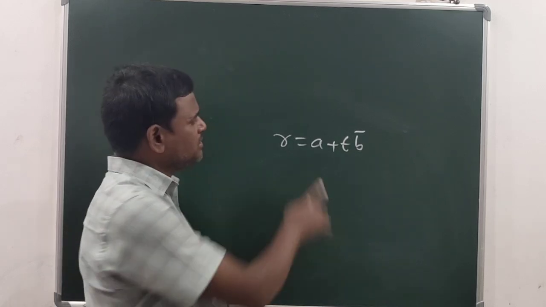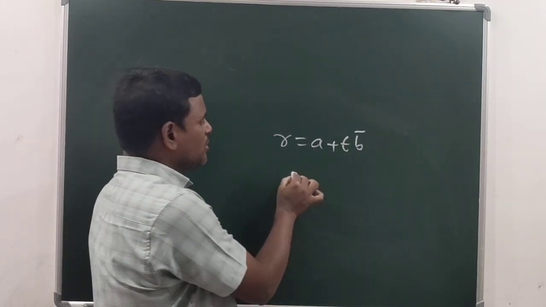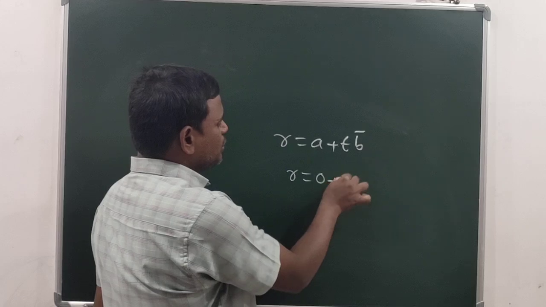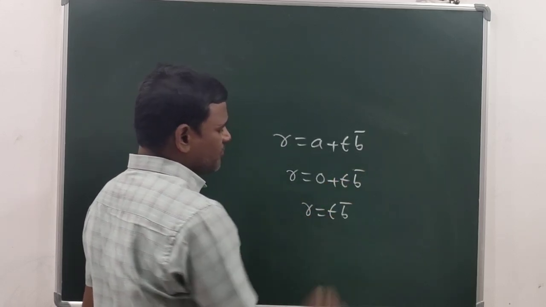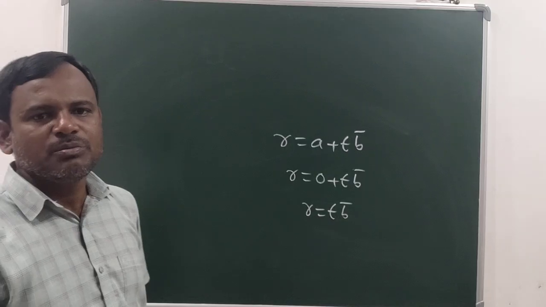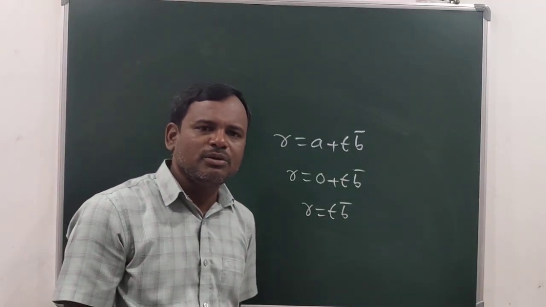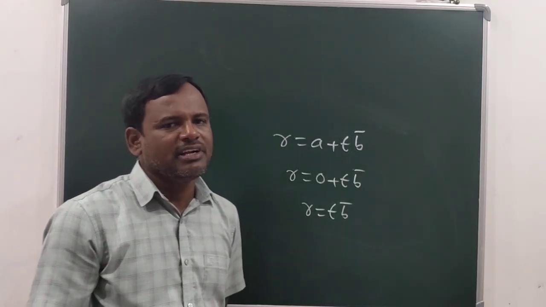Passing through the origin means put A equal to the origin, so you will get 0 plus T B bar. So this is our required vector equation which passes through the origin and is parallel to a vector B, where T is a scalar.